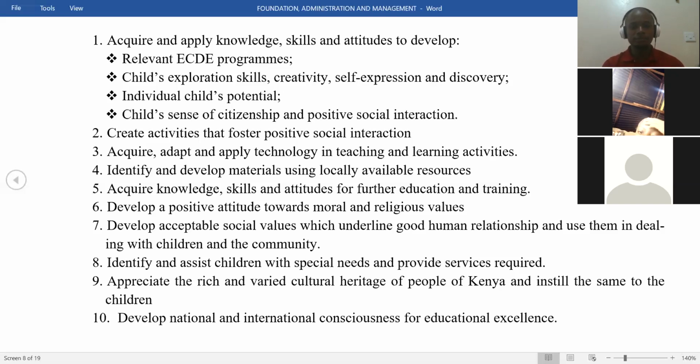Then number 3, kindly read number 3. Adapt technology in teaching and learning activities. Yes, they should acquire, adapt, and apply technology in teaching and learning activities. You as a teacher, Deepen is showing you an example that it doesn't mean that you must be in school to teach.